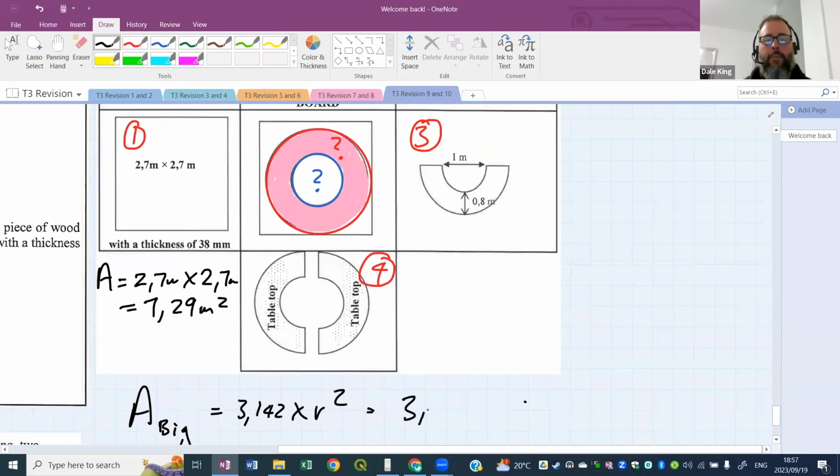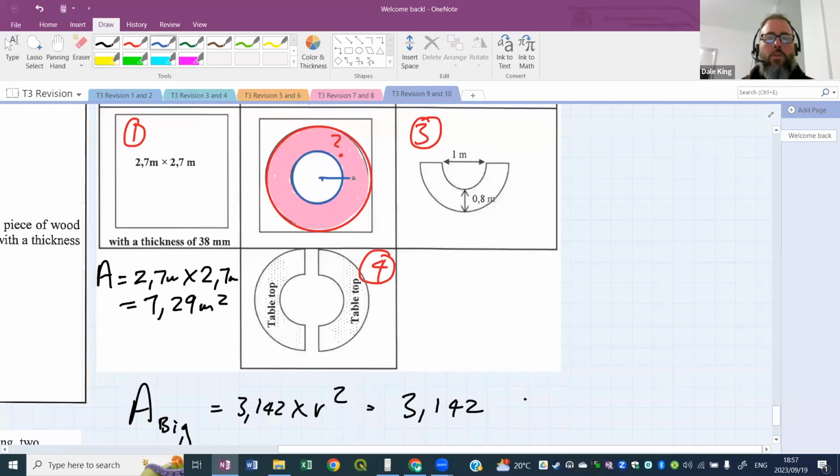It's 0.5 of the big one. Oh, yeah, sorry. So it's as if we're going from the middle all the way to the edge. So isn't it 1 plus 0.8?